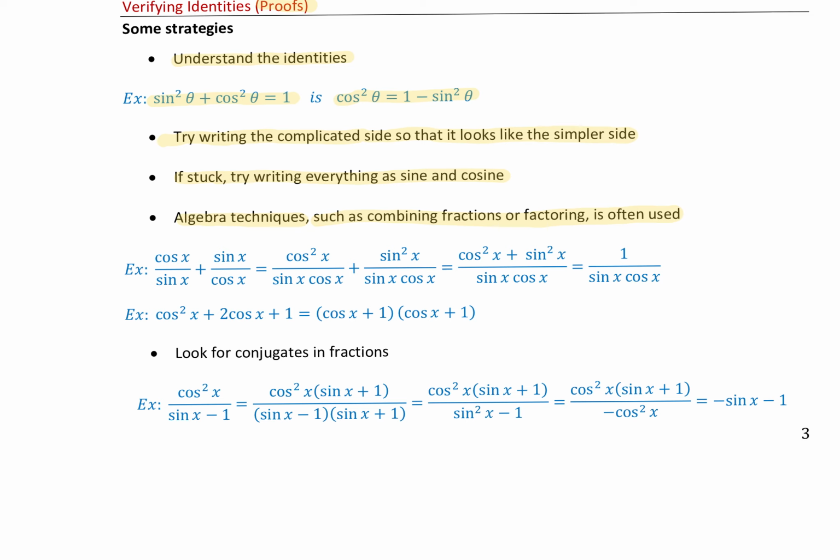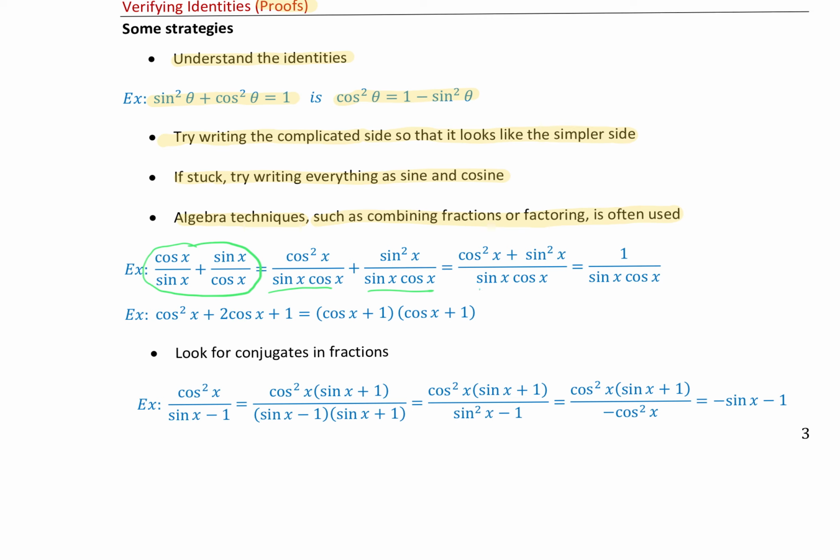So here's a couple examples. If you're adding the fractions here, which would be this cosine over sine plus sine over cosine, you could write them with their common denominators. So the first fraction, I multiply top and bottom by cosine. The second one, top and bottom by sine.